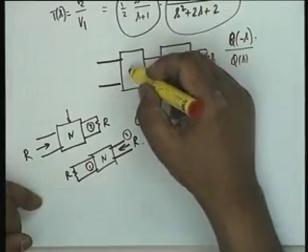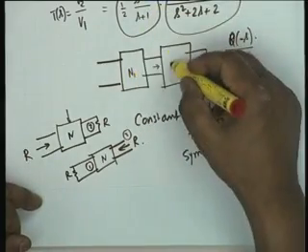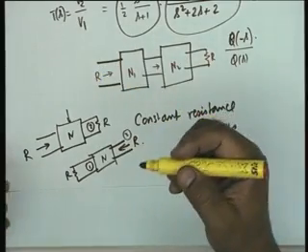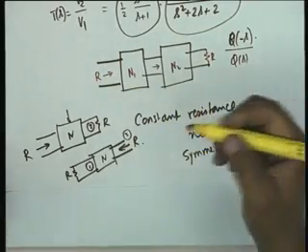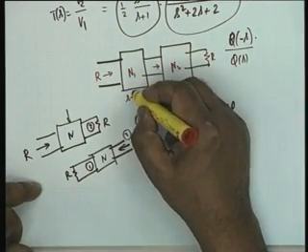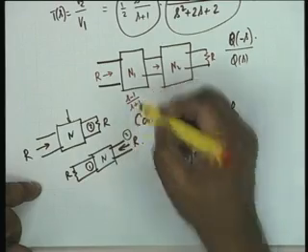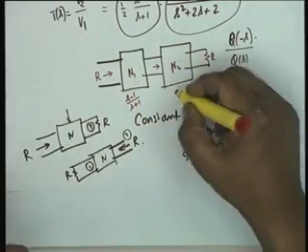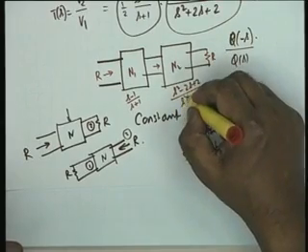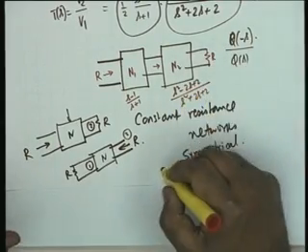In other words, N1 could realize this and N2 could realize this. The input impedance here shall again be R. Agreed? So in fact what we can do is, by N1 we realize (S minus 1)/(S plus 1). By N2 we realize (S squared minus 2S plus 2)/(S squared plus 2S plus 2).